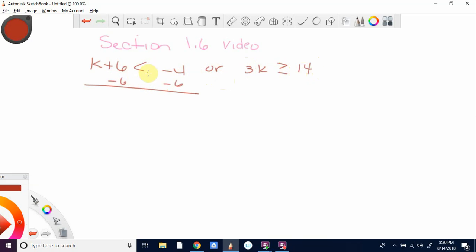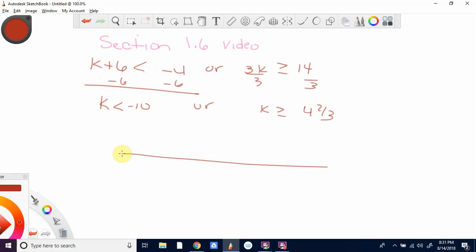So we solve the inequality using the inequality properties, which are the same as properties of equalities, with the one exception that if you divide or multiply by a negative, you flip the sign. So we have k less than -10, or we divide by 3, and we get k is greater than or equal to 4 2/3.